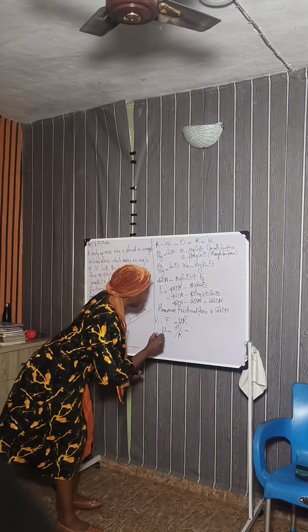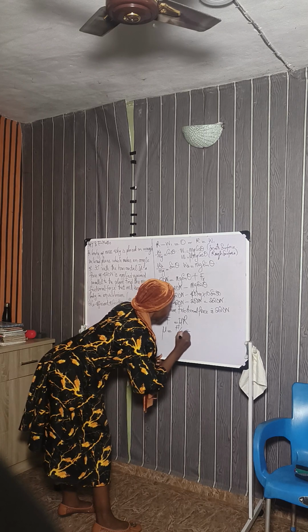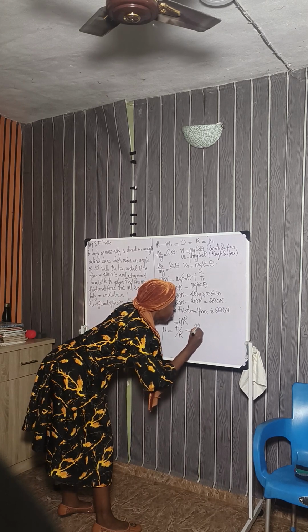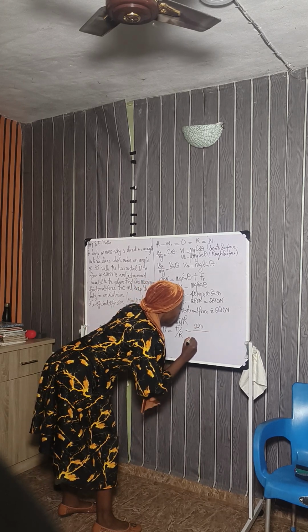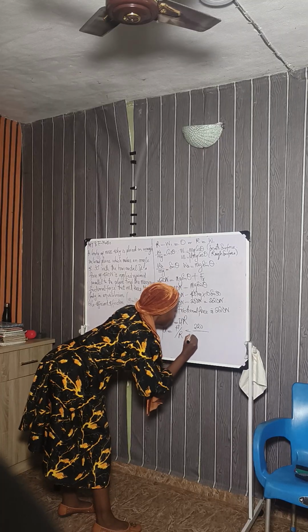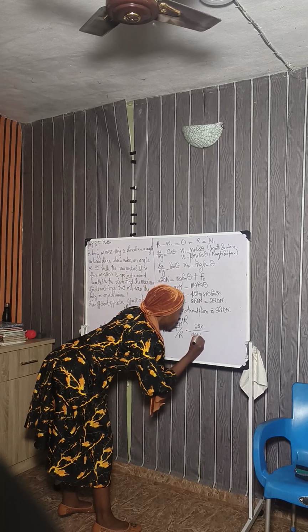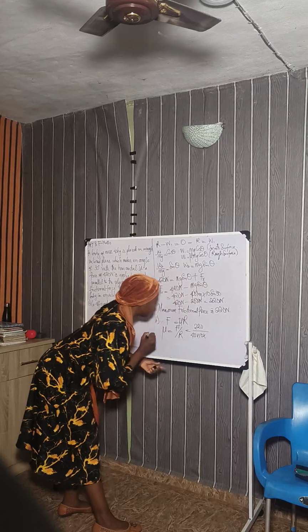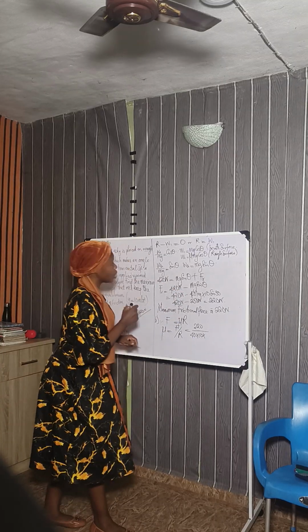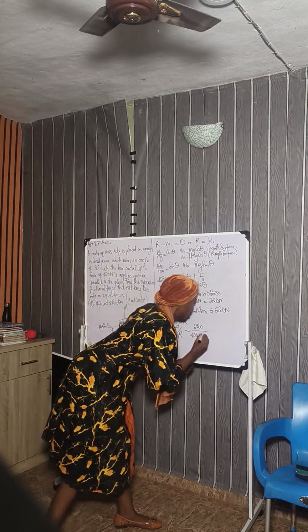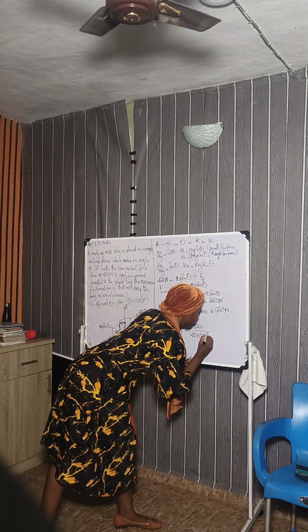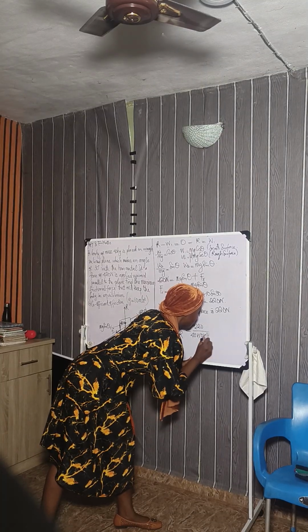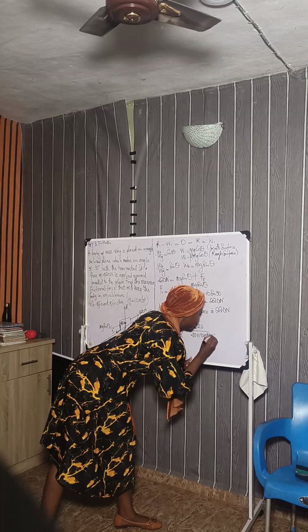This will become 220 all over mg, 40 times 10 times cos 30, which is root 3 over 2, or we say 0.866.